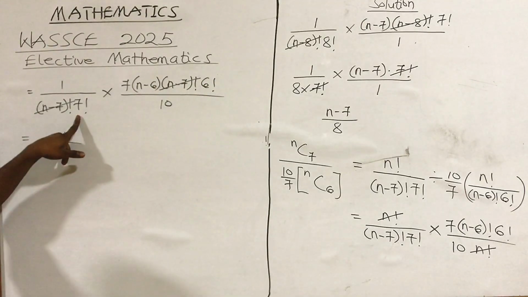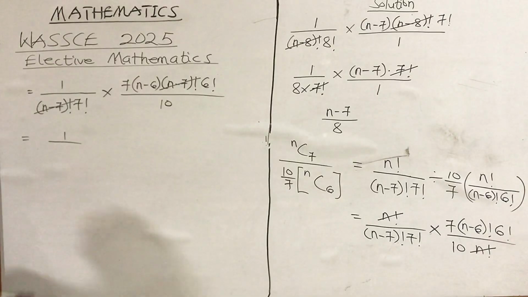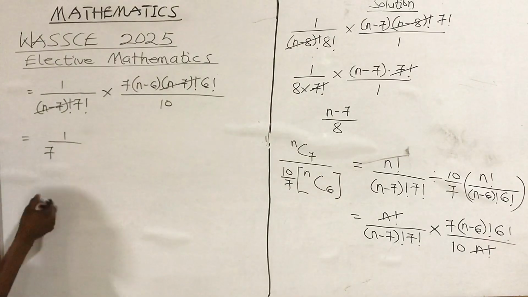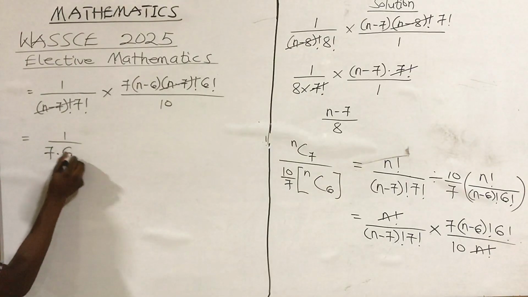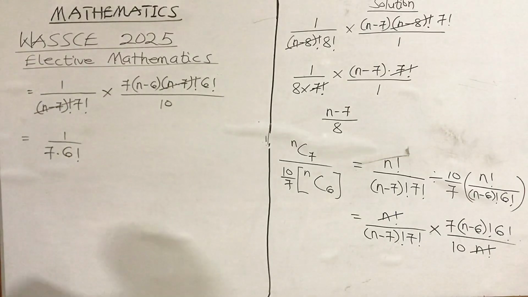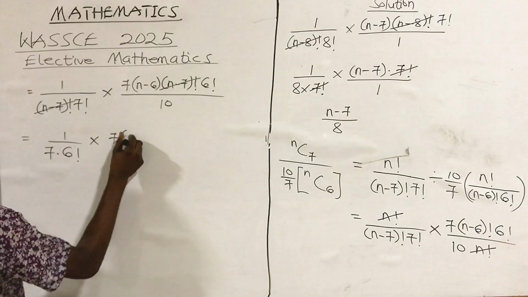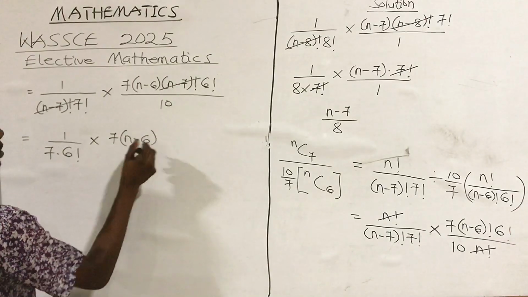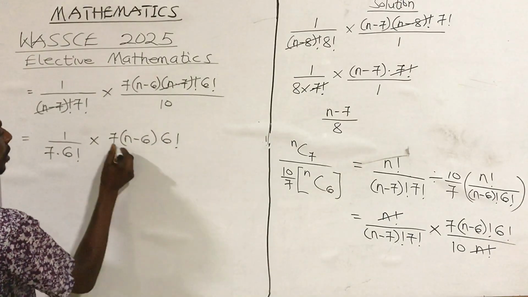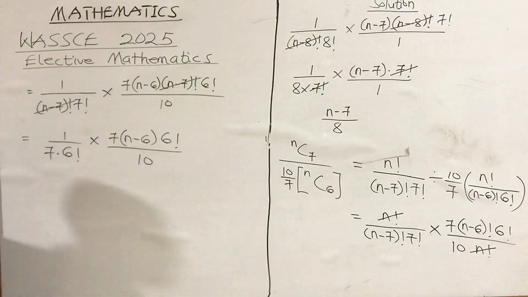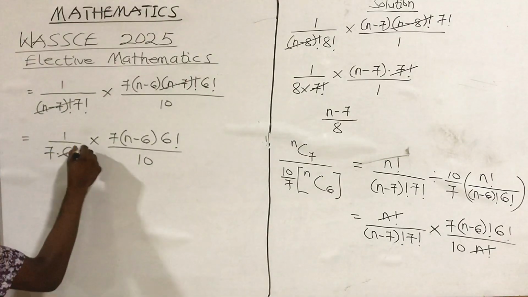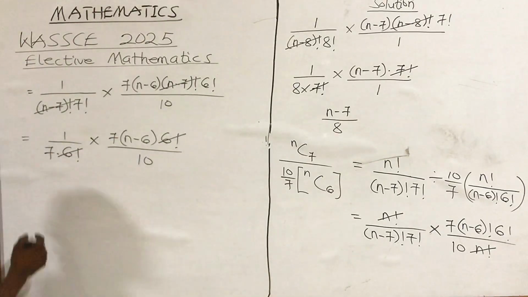Now we know that 7 factorial is the same as 7 multiplying 6 factorial, times 7 into bracket (n minus 6), then 6 factorial all over 10. So here 6 factorial will cancel 6 factorial.